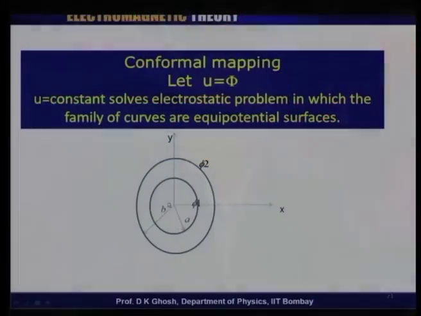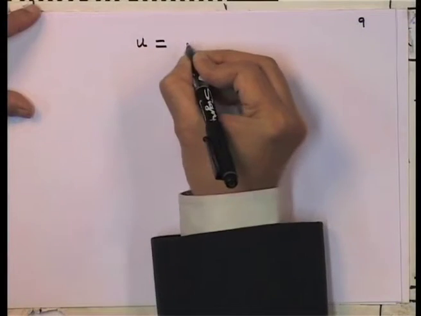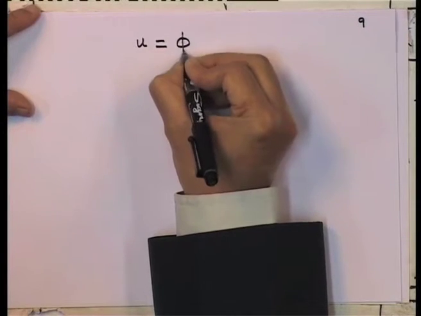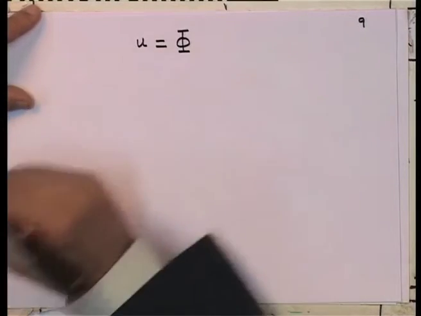Now, let me give an illustration. Suppose I am interested in finding the electric field in the region between 2 conducting cylinders, one of radius A and another of radius B. Now, let me choose the complex potential U, the real part, to be equal to the scalar potential.